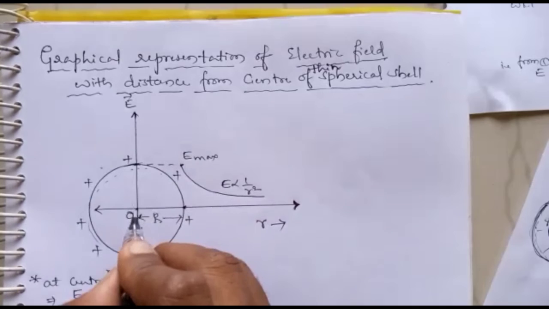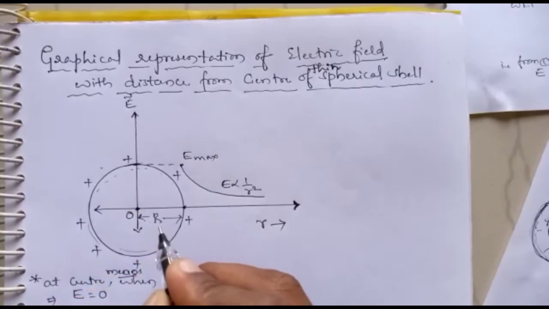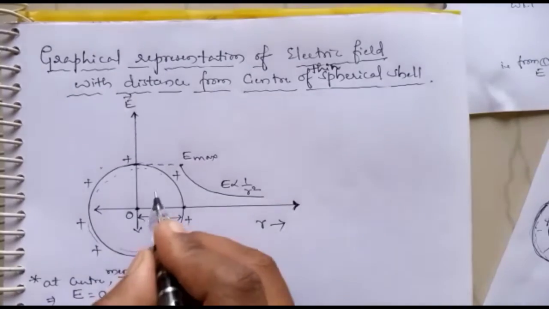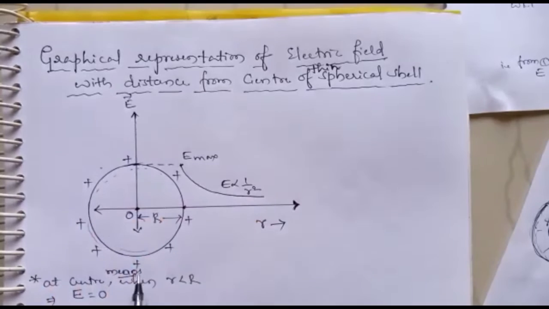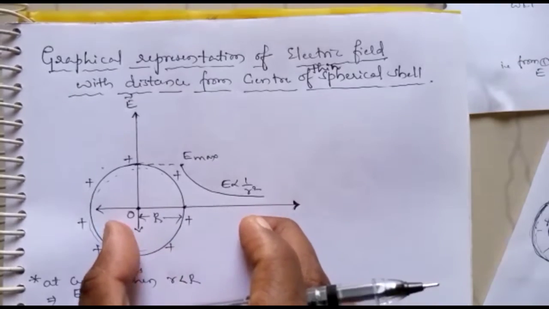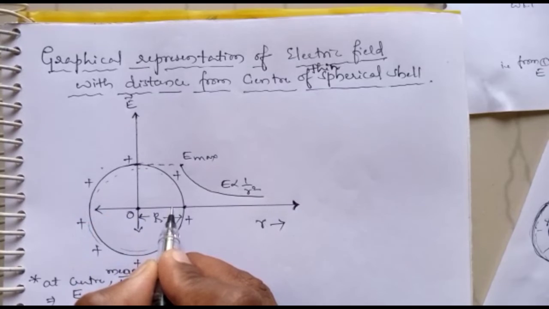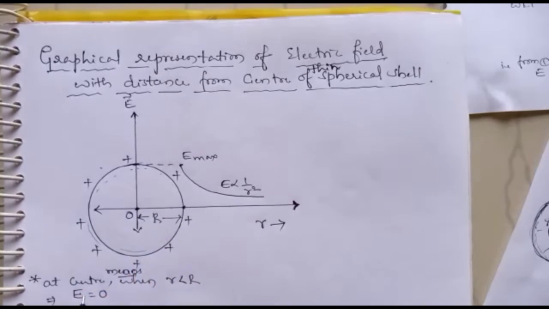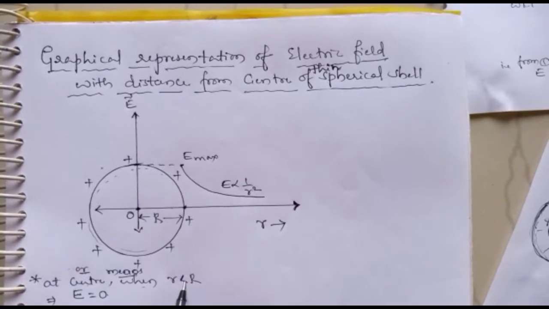First, at the center the electric field is 0, because inside the spherical shell, not only at the center, the electric field is 0. That is, when r is less than R, the point is inside the spherical shell.